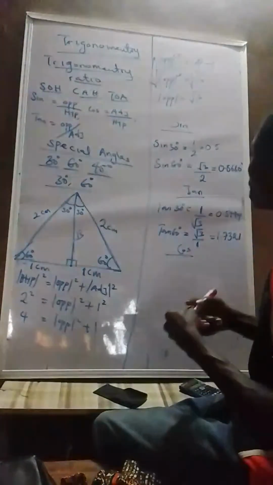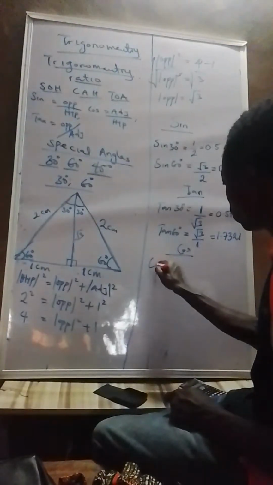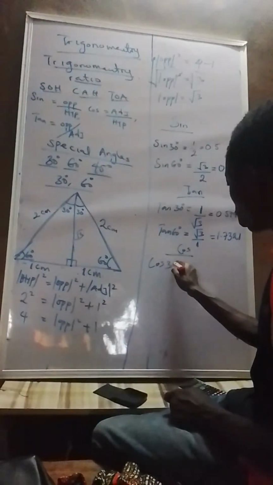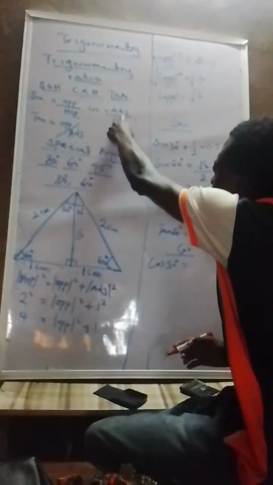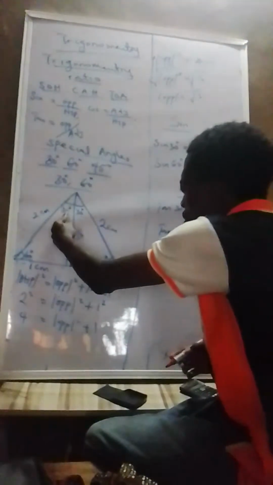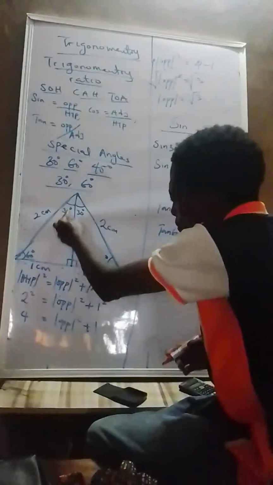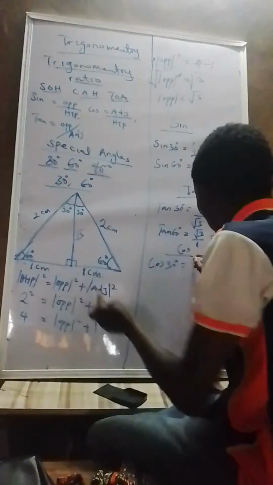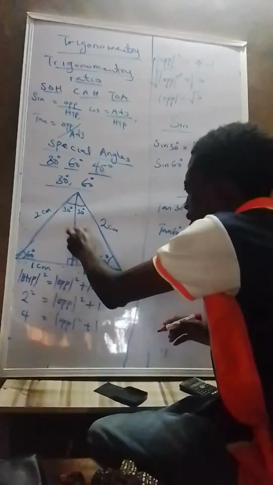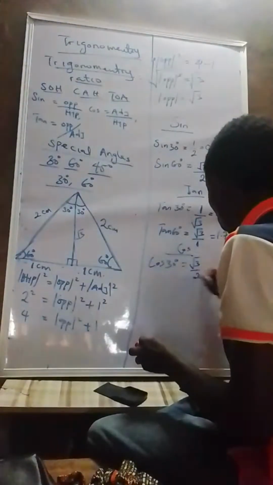Now, cos 30 is going to give us this 30 here. And what is cos? Adjacent over hypotenuse. So opposite is not in cos. So what is the adjacent here? Root 3. Root 3 is the adjacent and the hypotenuse is 2.